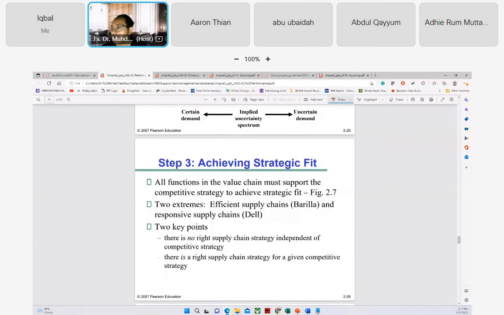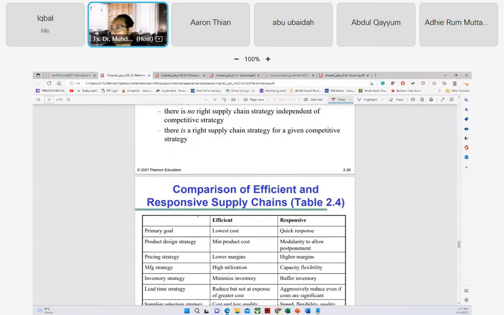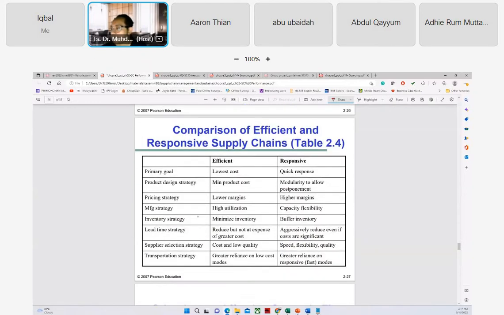And then I also mentioned the comparison of efficient and responsive. Efficient is different, and responsive is also different. When we talk about efficiency, it means you use fewer resources but produce more.